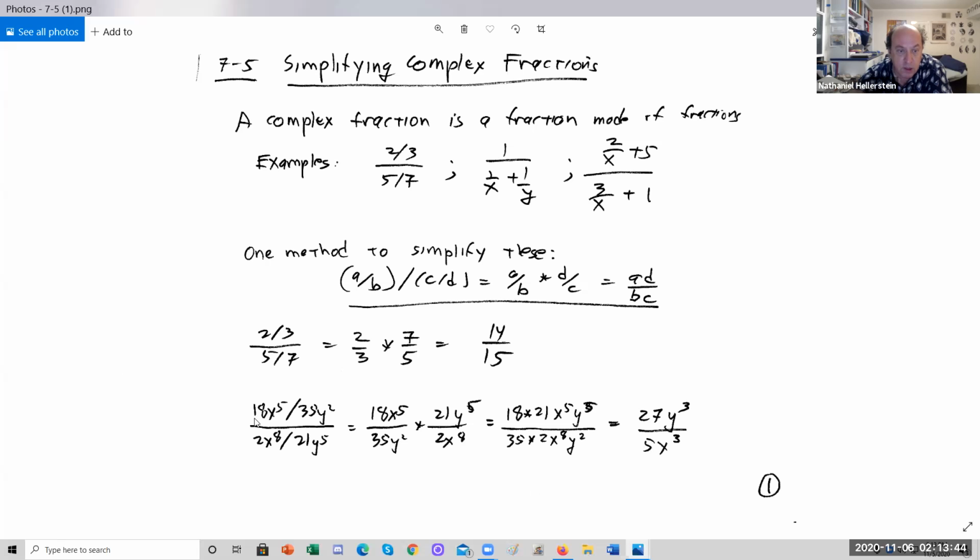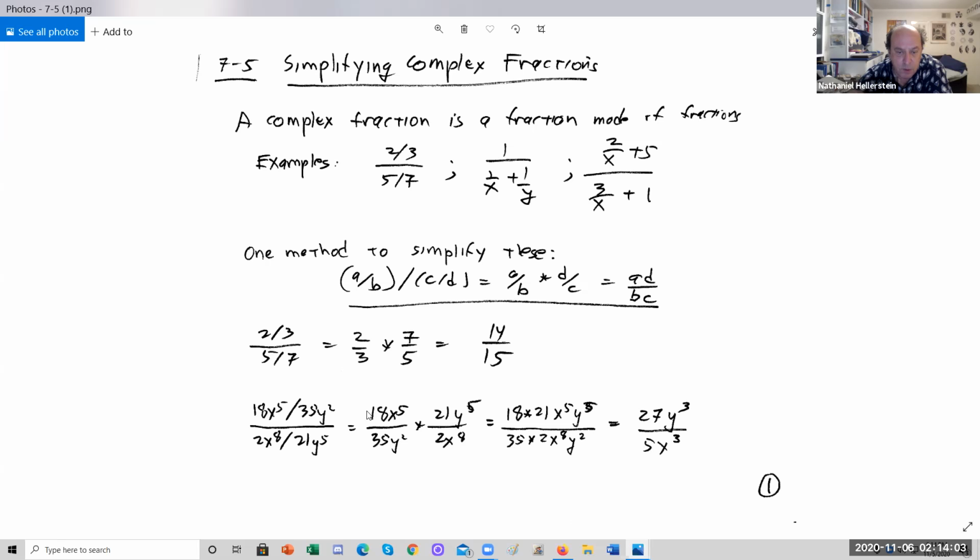All right. Here's 8x to the 5th over 35y to the 2nd, divided by 2x to the 8th over 21y to the 5th. Well, that'll be the numerator, 8x to the 5th over 35y to the 2nd, times the reciprocal of the denominator. That'll be 21y to the 5th over 2x to the 8th.